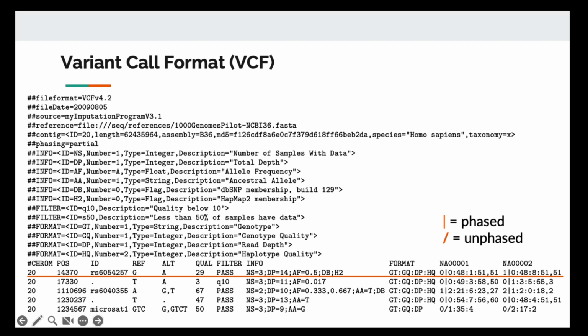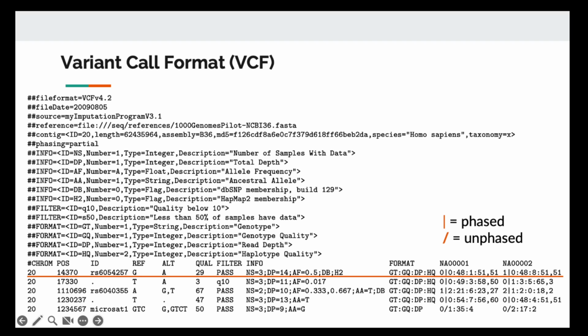So 0 means reference allele and 1 means alternate allele. So this means your first individual is homozygous wild type. The second individual is heterozygous. So this 0 and 1 tells you the genotype directly.